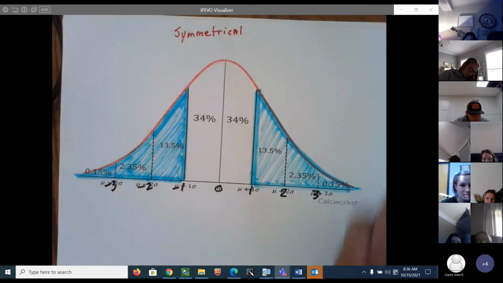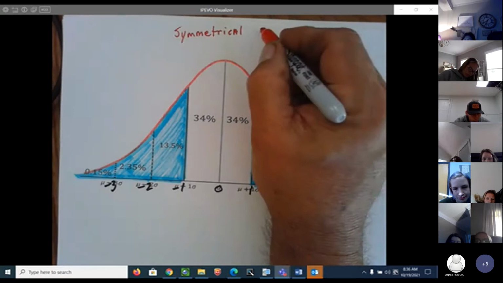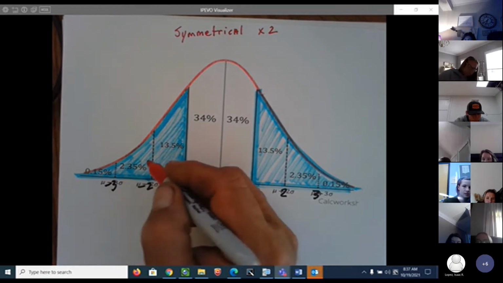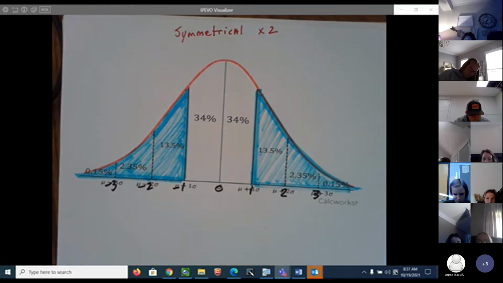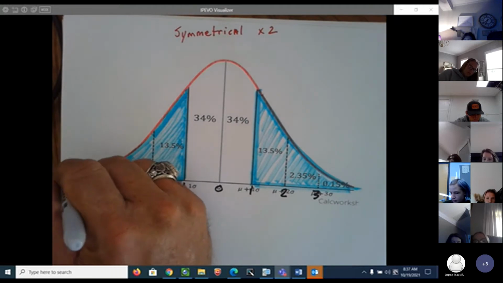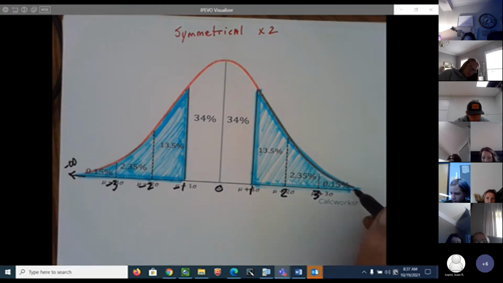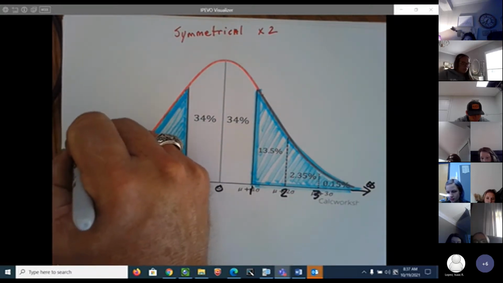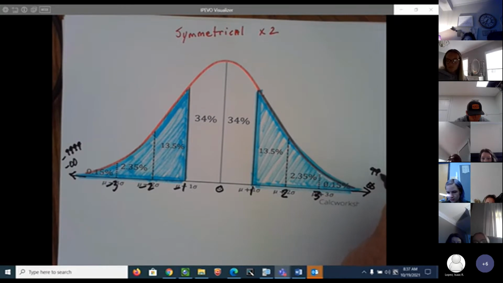If they're symmetrical, you just have to multiply by what? 2, because they're symmetrical. So find the area over here or over here and then multiply it by 2. We read from left to right, don't we? So that's -infinity, and that's +infinity. We can't type in -infinity, so -9999 and +9999.